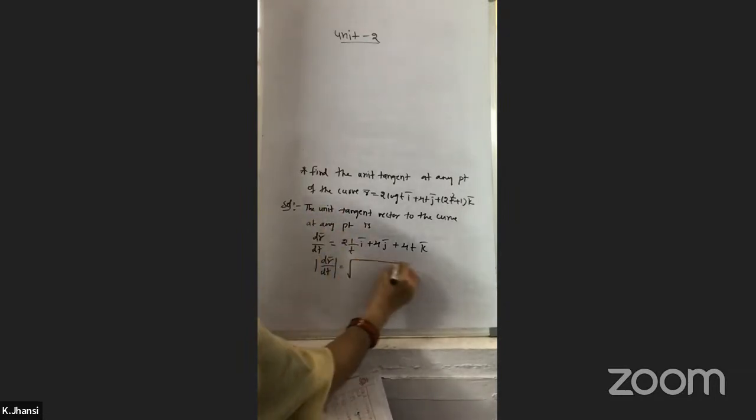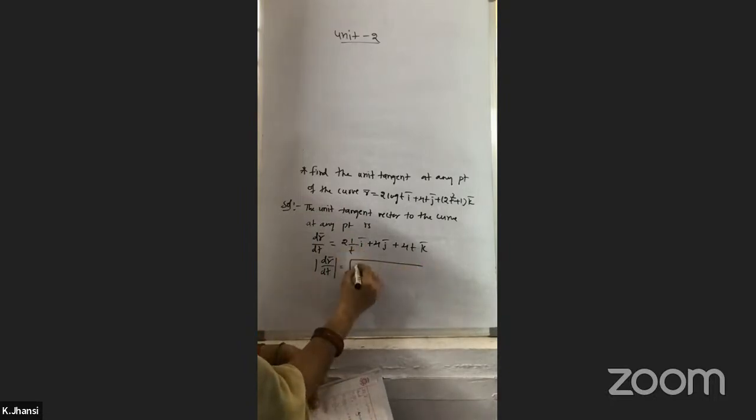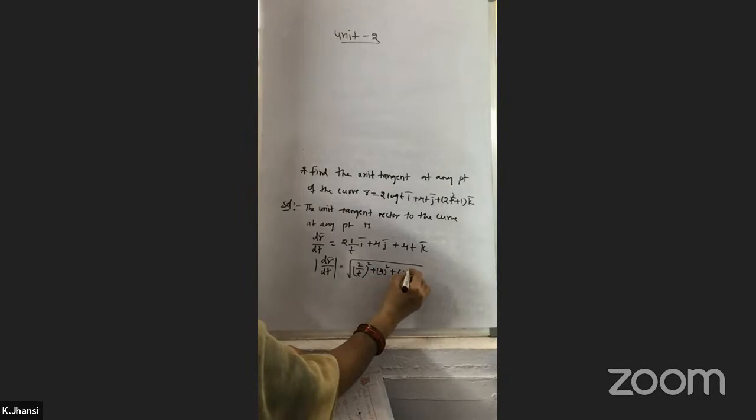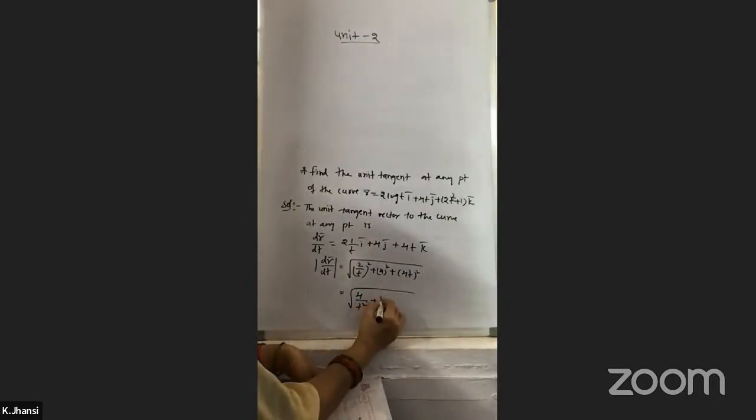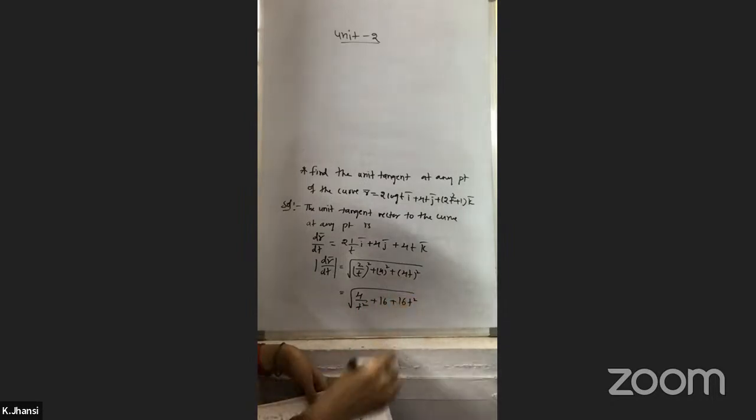So that is root of 2 by t whole square plus 4 whole square plus 4t whole square. So it is root of 4 by t square plus 16 plus 16t square.